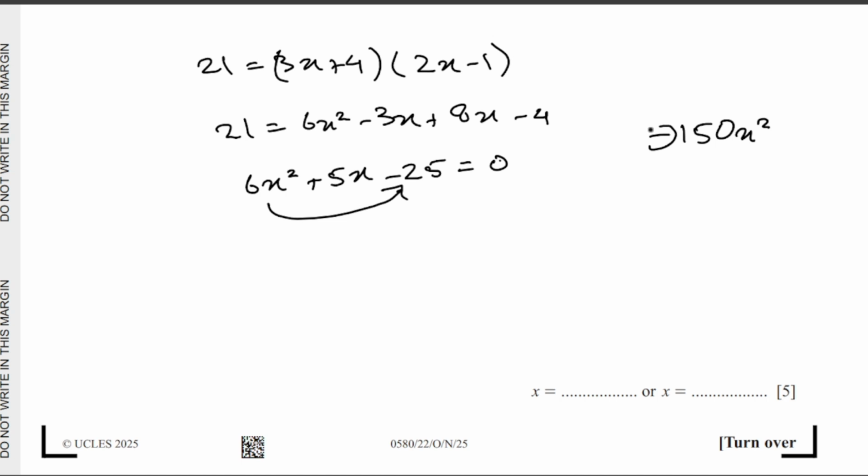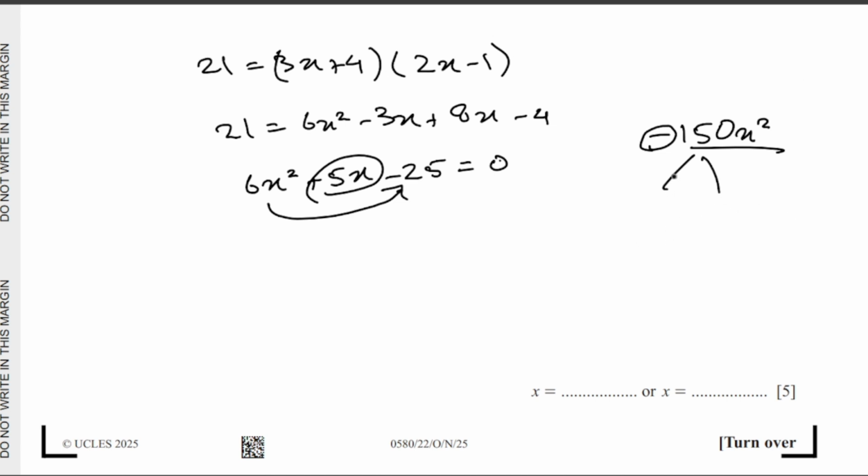Now, since the number is negative, we need to find two factors that subtract and would give us 5x, but multiply and give us 150x squared, right? This is not as complicated as it seems, right? Once you start, it becomes easier, right? This is the method I personally use for factorization.